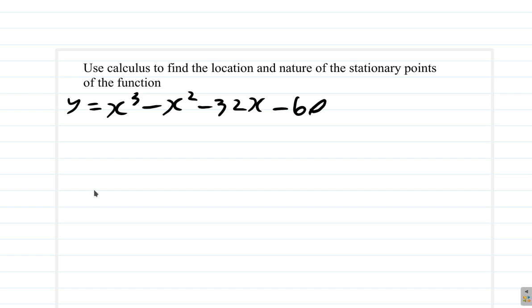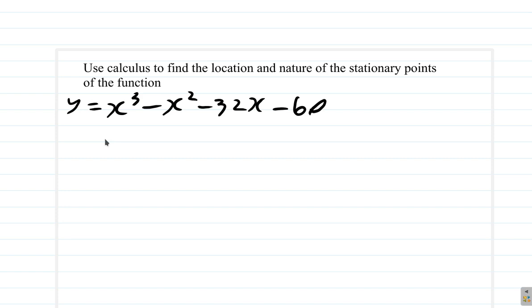We know that what we are going to have to do is find the gradient function, because we know that the stationary points would be the points where the gradient is 0. So we find the gradient function and then equate the gradient function to 0.